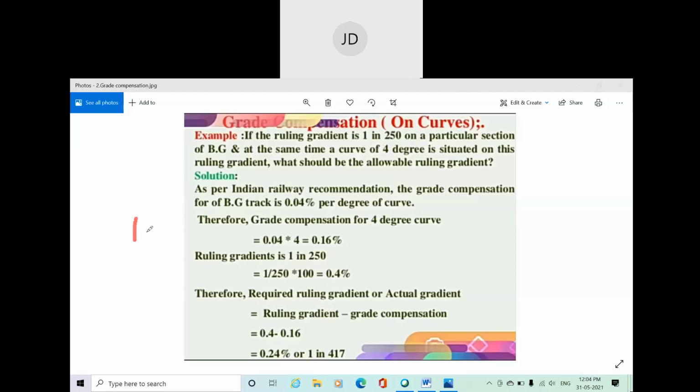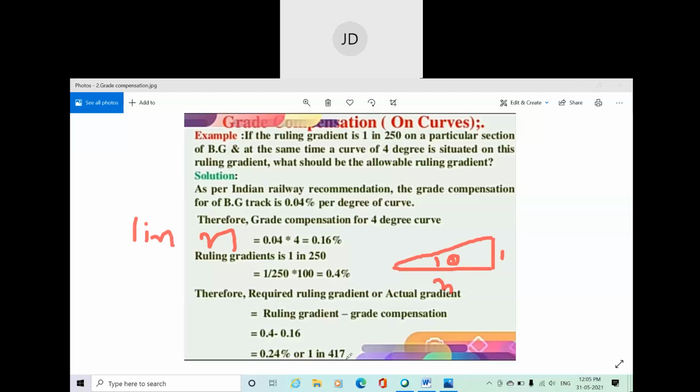It is represented as 1 in n. You can remember this: for n units of horizontal run, 1 unit of vertical rise is given. This is the gradient, represented as 1 in n, 1 vertical for n horizontal.